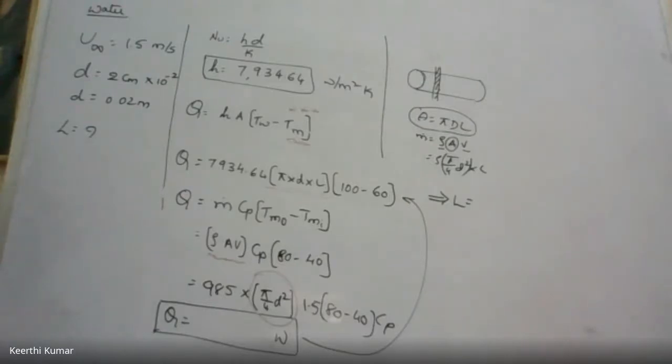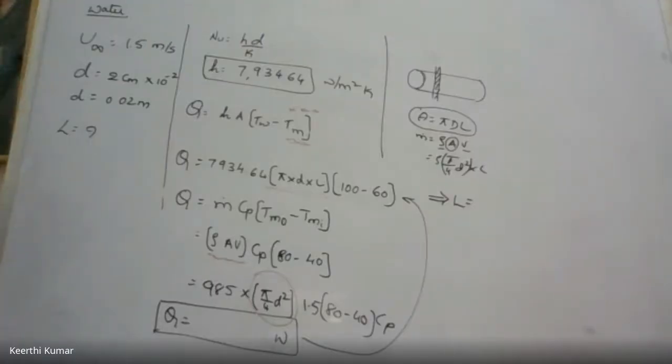What Cp value have you taken? 4183. No, that 4183 is the Cp value at 60 degrees centigrade. So water temperature is also 60. The Tm value is 60, right?